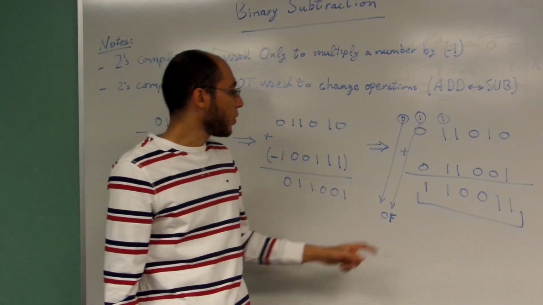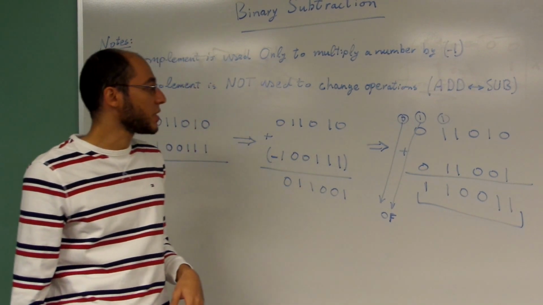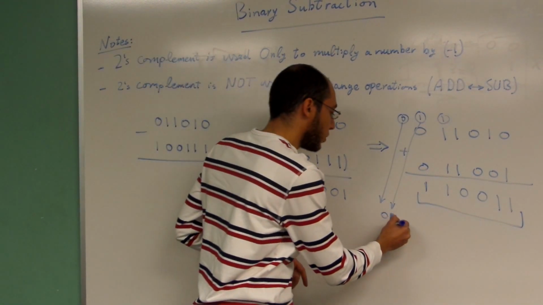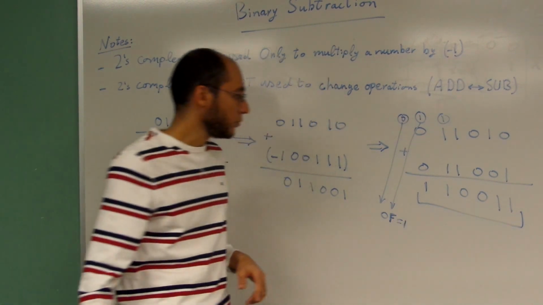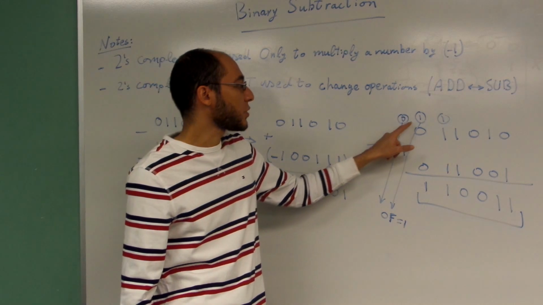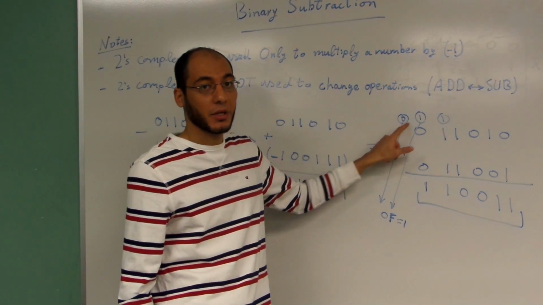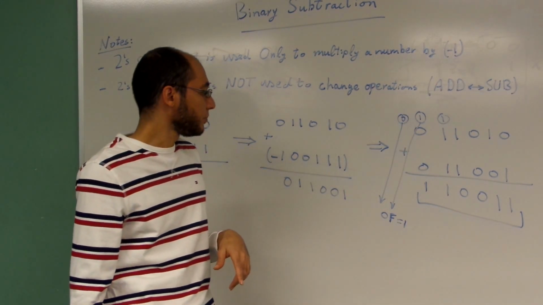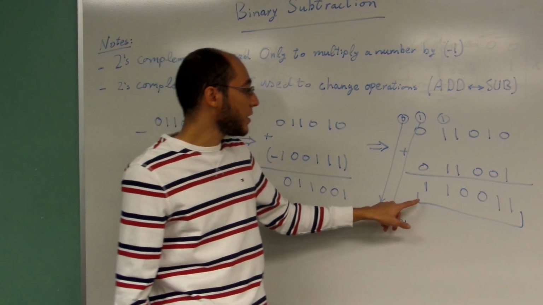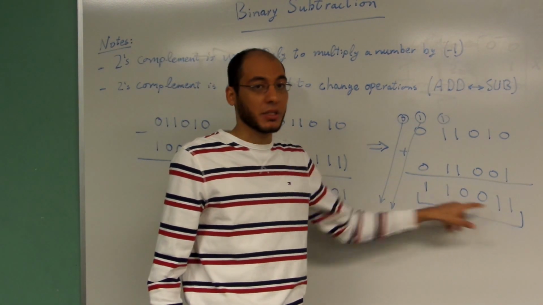So what about the overflow? What's the overflow? What does it say? It says basically, since the overflow is 1, why is the overflow 1? Because the overflow is the XOR between these two bits, carry in and carry out. Since the overflow is 1, this means that this number is meaningless.